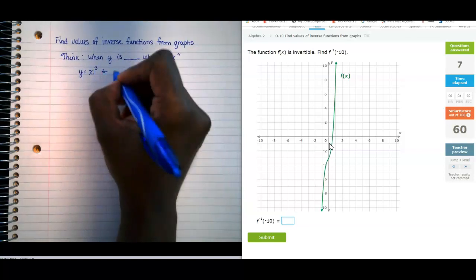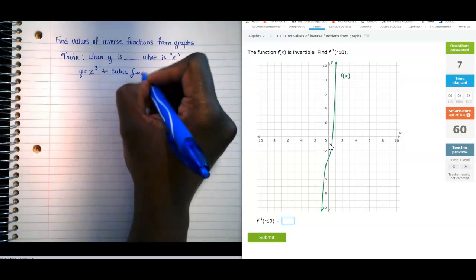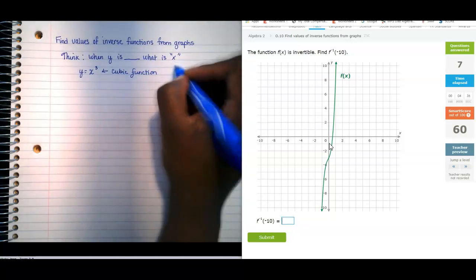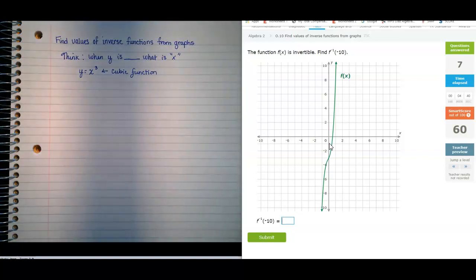This is called a cubic function. And you can think of it or try to remember it because it oftentimes looks like an upstanding S. So when y is -10, right here, what is x? It is -1.